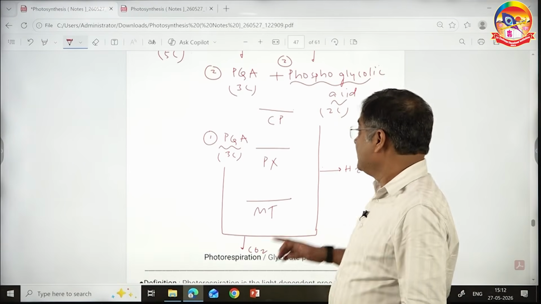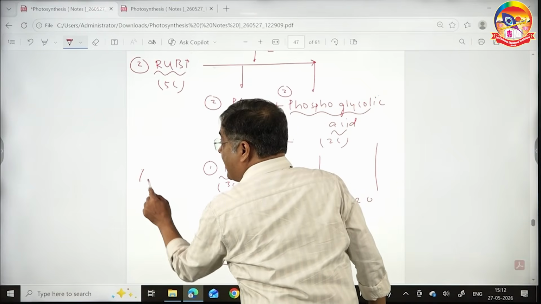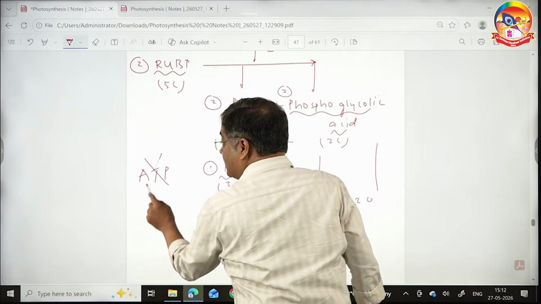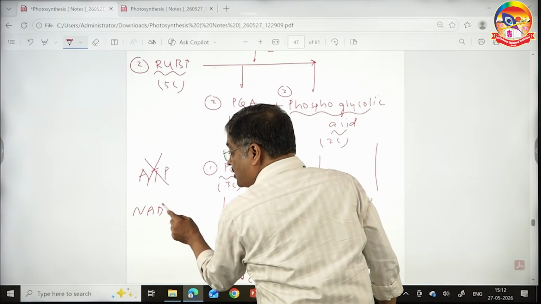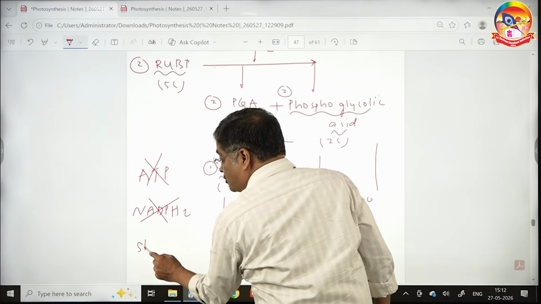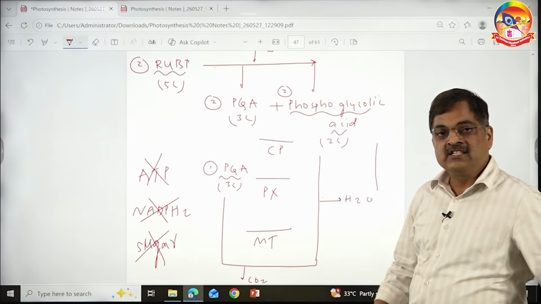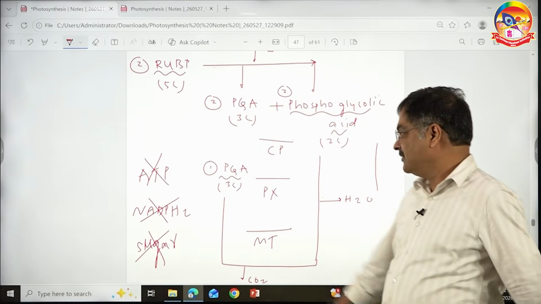Yes or no? But unlike in respiration, there is no ATP synthesis. There is no NADPH2 synthesis. Unlike in dark phase, there is no sugar formation. No ATP, no NADPH2, no sugar.